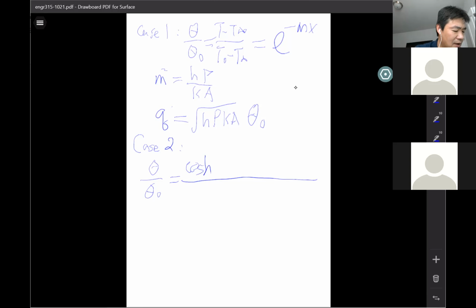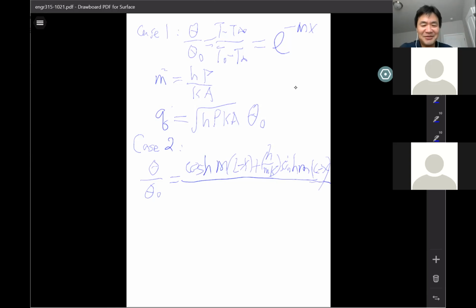So cosh m(L minus x) plus h over mk sinh, where sinh is e to the x minus e to the negative x, divided by 2. I don't know, did you learn that in trigonometry? Of m(L minus x).